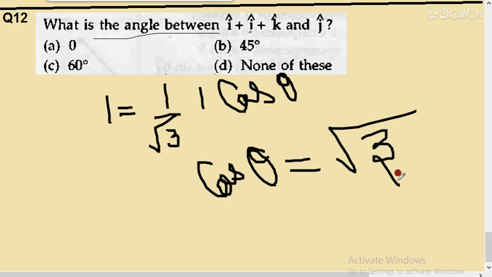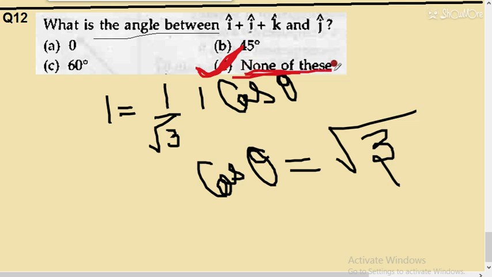Is it possible? Cos theta varies from 1 to minus 1, so under root 3 is not possible. I am not getting an exact value of the angle, so none of these will be the right answer.